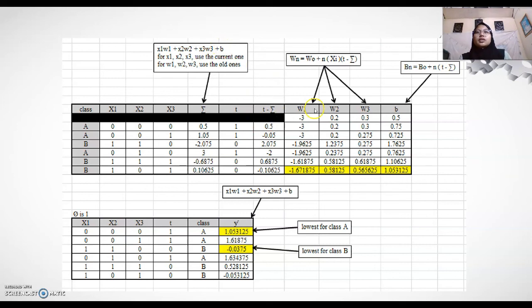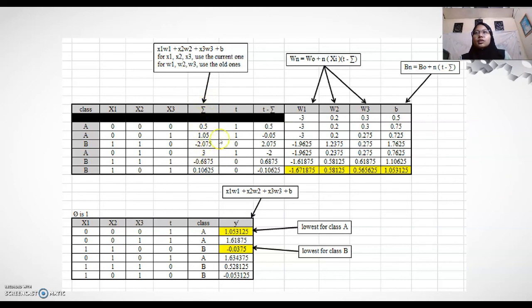First we see the initial values, which are the same as the previous one: negative 3, 0.2, 0.3, and 0.5. The values for the rows until the last row are the same as the previous one using this formula, but the difference is we have to calculate the value of sum.